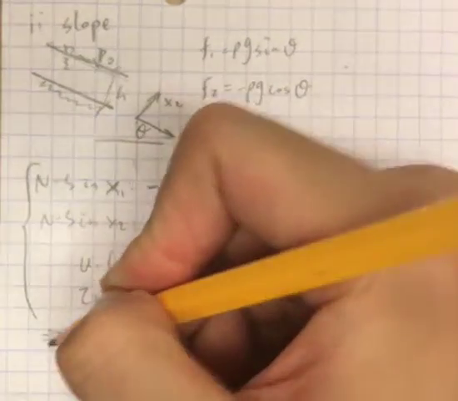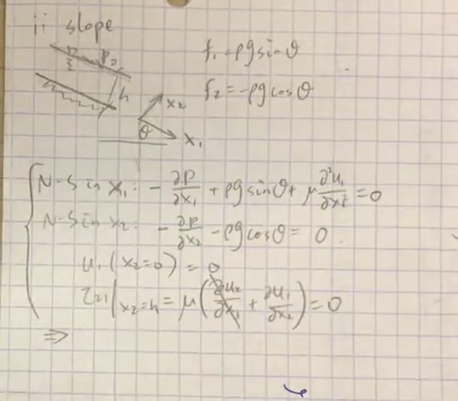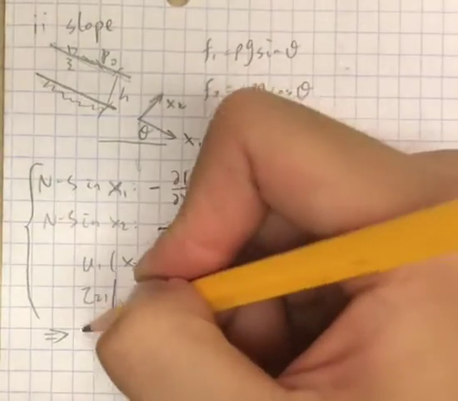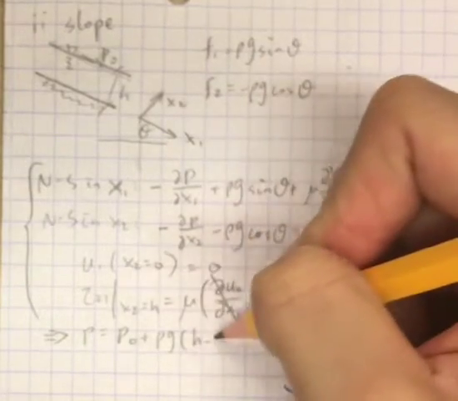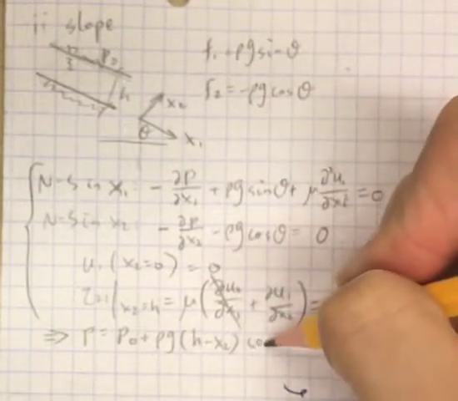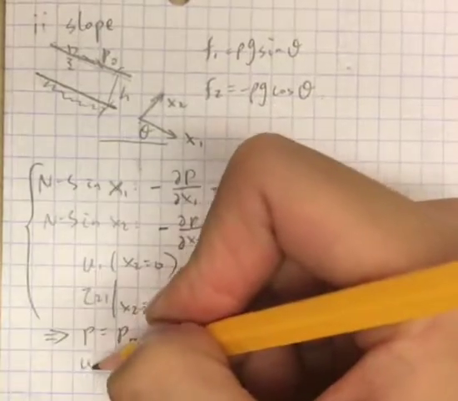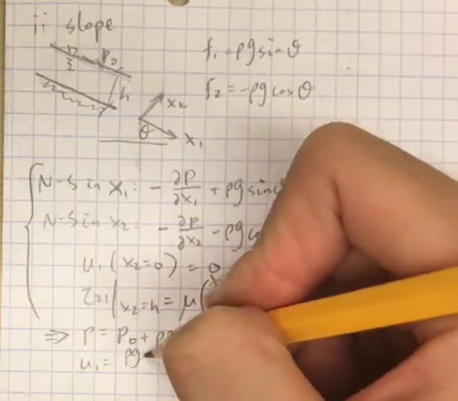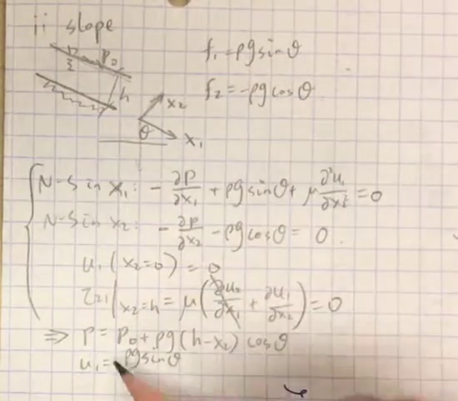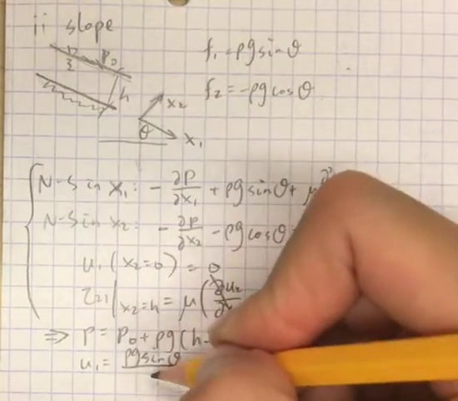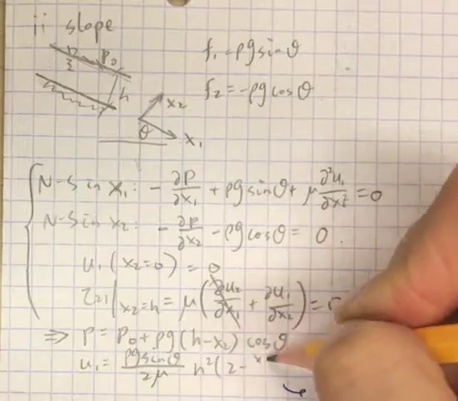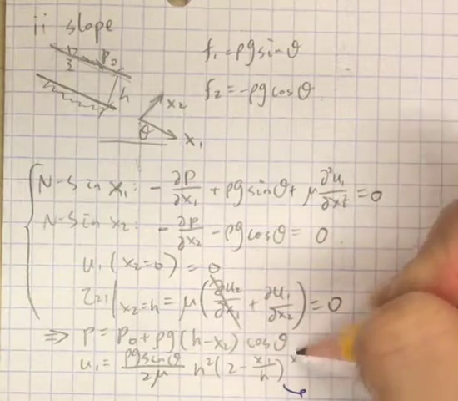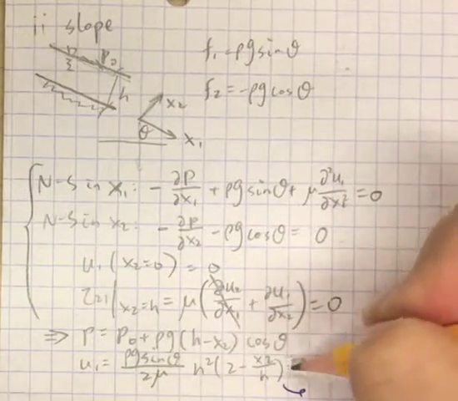If we solve it, we will get the result. P is equal to P0 plus rho g (h minus x2) cosine theta. You can check my result. u1 is equal to rho g sine theta over 2 mu, h squared times (2 x2 over h minus x2 squared over h squared).